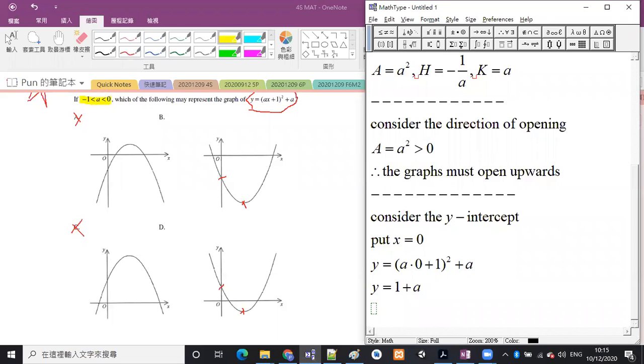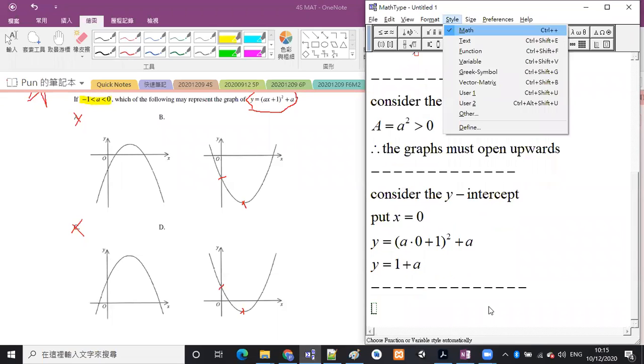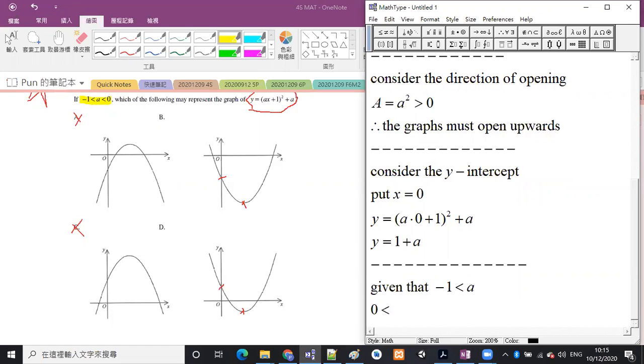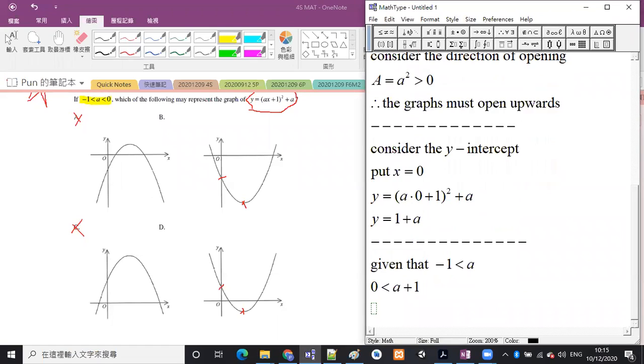Because it is given that negative 1 is less than a. Okay, but if negative 1 is less than a, I just add the 1 back to the right-hand side. You can see that 0 is less than a plus 1. Which means that a plus 1 should be larger than 0.